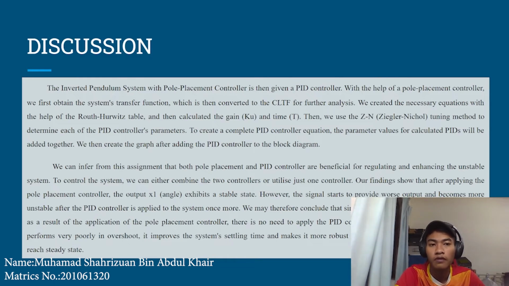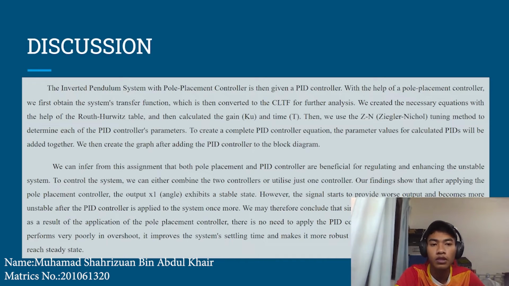With the help of the pole placement controller, we first obtain the system transfer function, which is then converted to the CLTF for further analysis. We created the necessary equations with the help of the rod width table, and then calculate the gain and time.